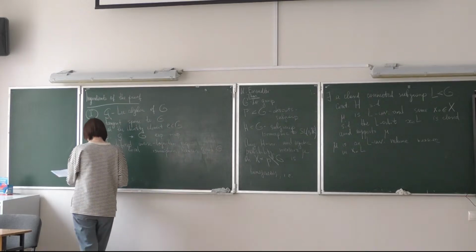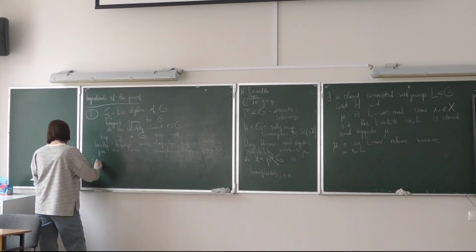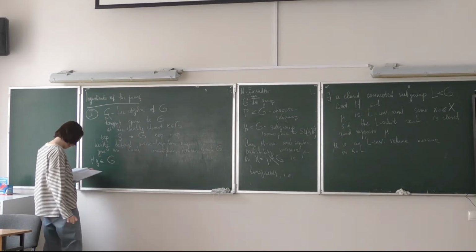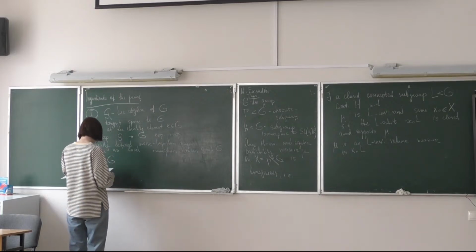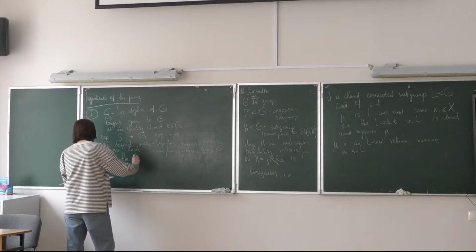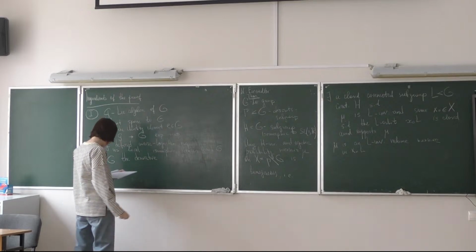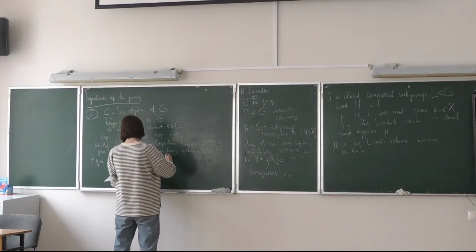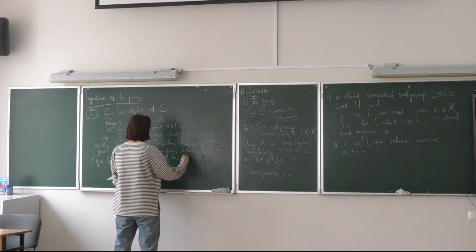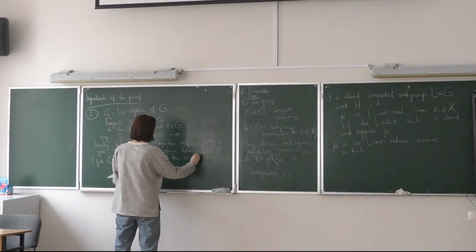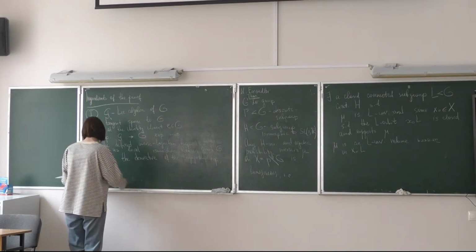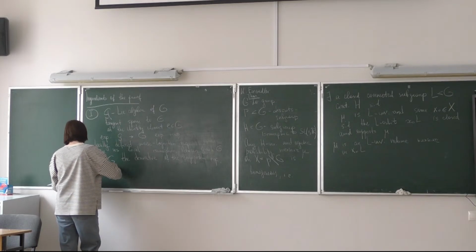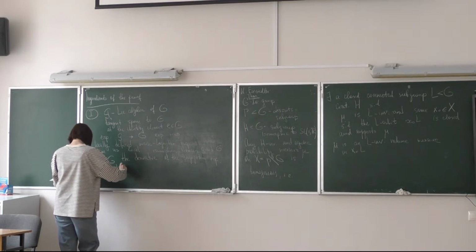Now, for any element in our group, we can consider the following map. We can consider the derivative of the conjugation map. And what is it? It's called the adjoint operator. I already said these words, but I did not explain what they mean. It's called the adjoint transformation.